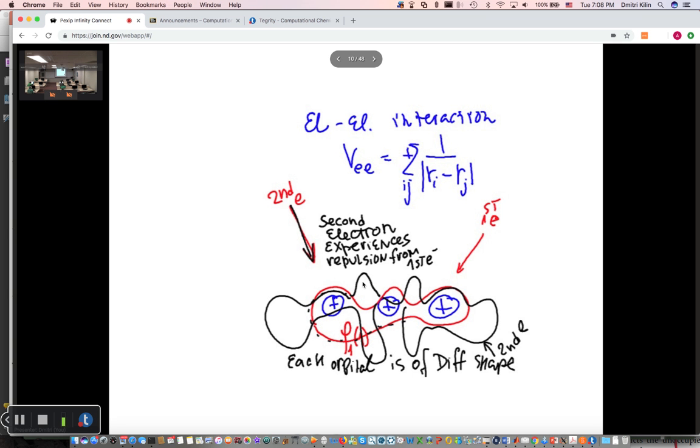Of course, what I'm telling right now is oversimplified and not generally correct, but it gives approximate idea what to expect. So due to electron-electron repulsion, each subsequent electron submitted to the molecule will sit on a different probability distribution, on a different orbital.